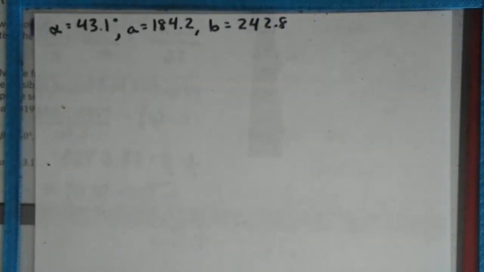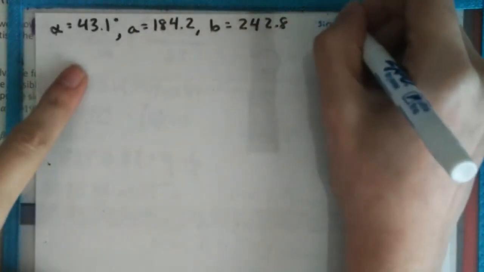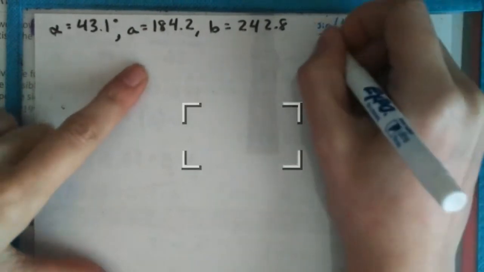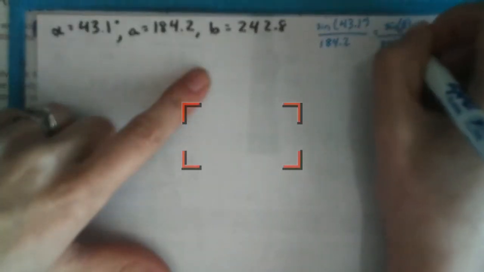I'll go ahead and set up my law of sines equation. The sine of 43.1 degrees over 184.2 is equal to the sine of beta over what B is, 242.8, is equal to the sine of gamma over C.